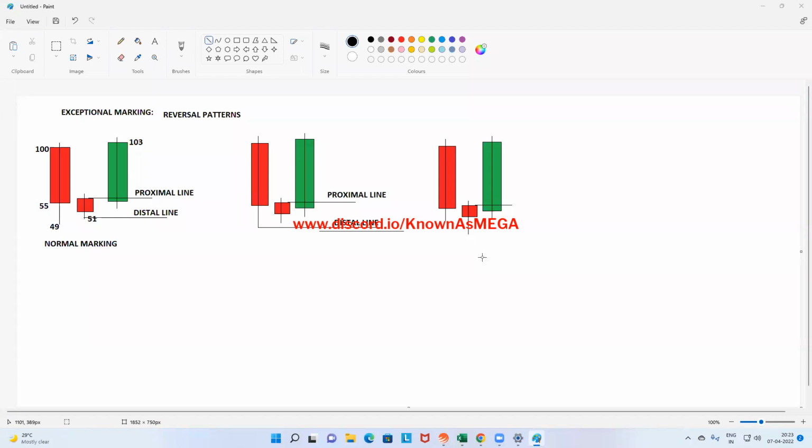You are going to find exactly that point from where the price actually reversed, which will ensure your probability, because it's all a game of probability. What you are learning here in technical analysis is a game of probability, and in it you are going to devise the highest probable trade. So your distal line will be here.